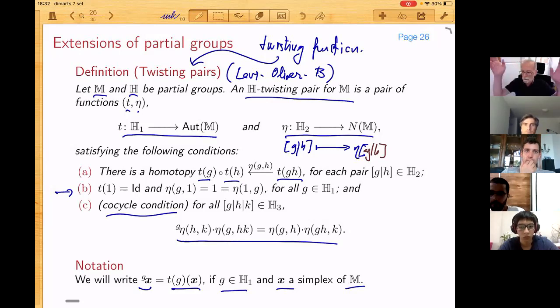And somehow what happens in higher simplices is controlled from lower simplices, right? Okay. So the twisting function is defined in all dimensions at once, and we only need this simplified definition on H1 and H2. There is a slight difference between these axioms and the corresponding axioms for twisting functions, even in dimensions 1 and 2, but very minor.